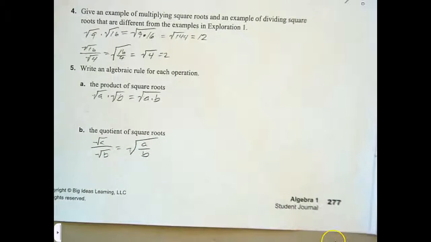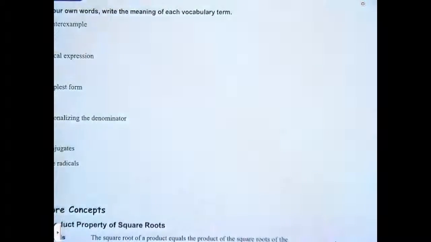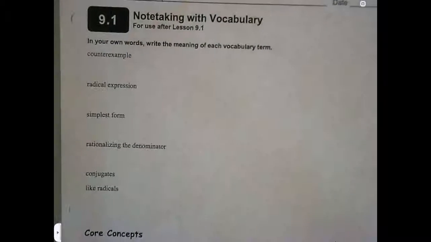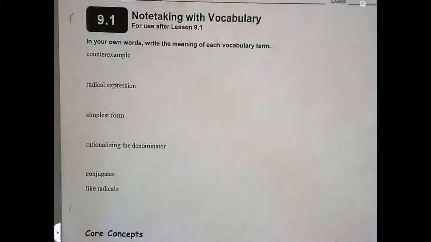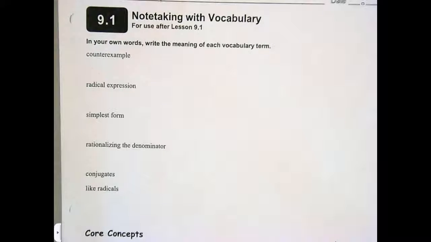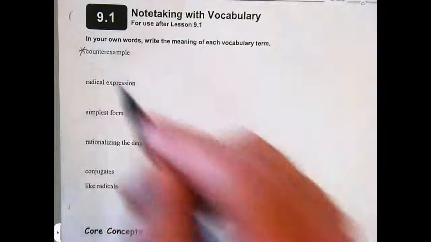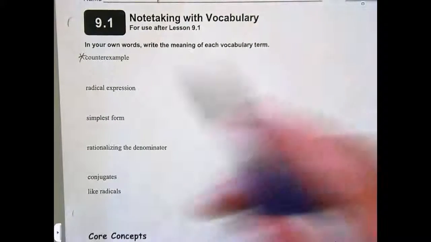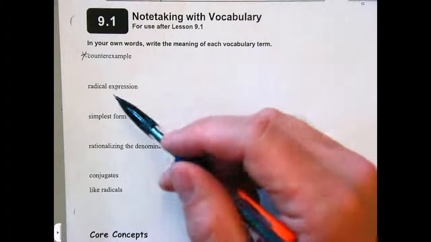All right. I want you to take a look at page 278 of your student journal. 278 has some different notes that you could be going through, or you could be adding to as you're going through today's lesson. Okay? We've already talked a little about counterexample, where you show an example of something that is not true. We did that with the plus and minus ones.